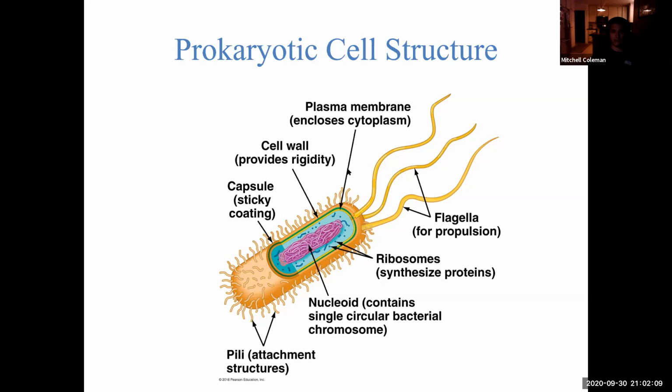Relative to eukaryotic organisms, they have a basic cell structure. They don't have all of the various organelles that we're going to talk about shortly. And so internally and externally, their structure is relatively simple compared to the eukaryotic cells. But that does not mean that prokaryotic cells are simple.